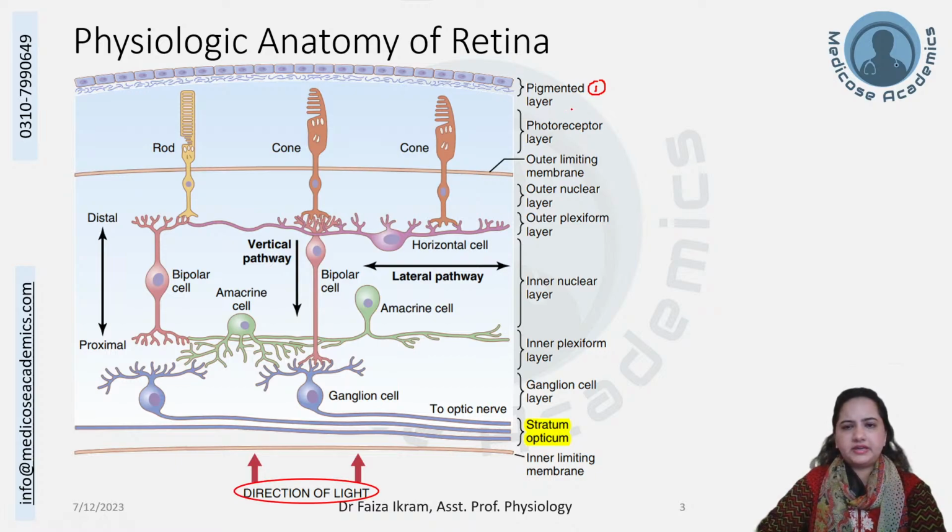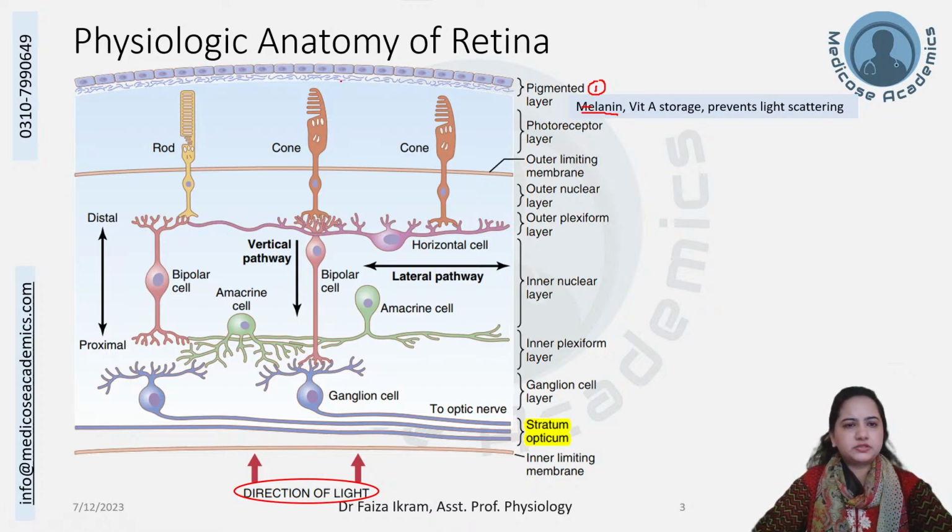The pigmented layer has melanin inside its cells, because of which it is known as pigmented. Also, it is a site of storage of vitamin A, an important precursor of photopigments which are necessarily required for phototransduction. So this layer acts as a storage form of vitamin A.